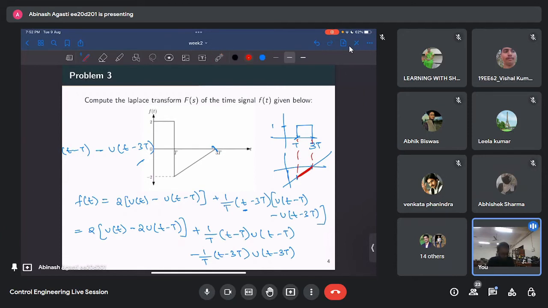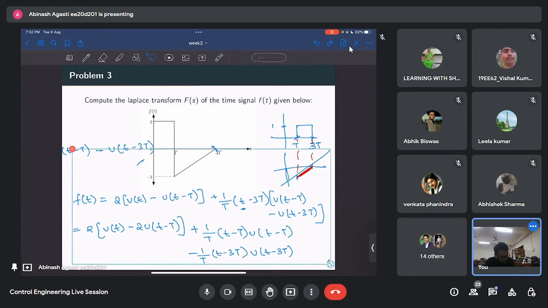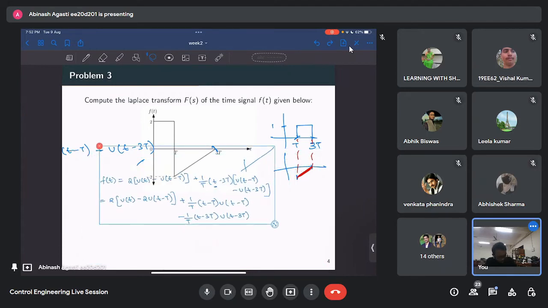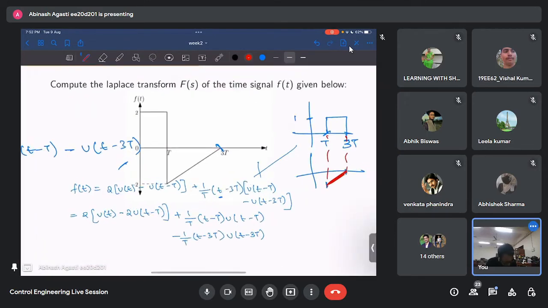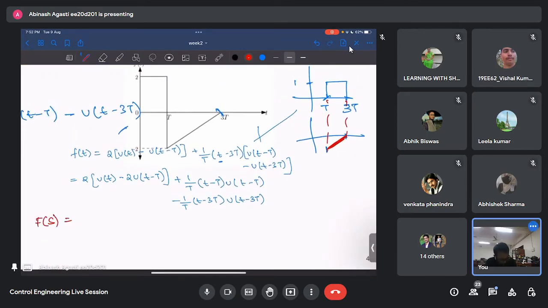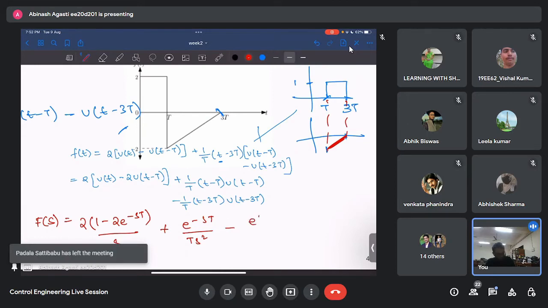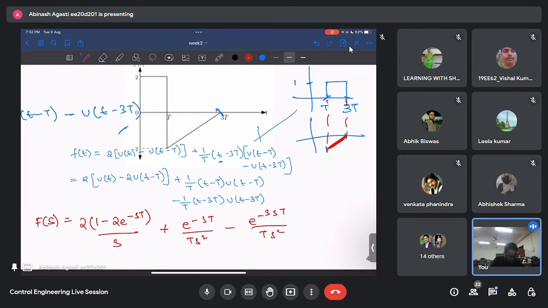So from here I can directly write F of s as 2 into 1 by s minus 2 e to the power minus st by s plus e to the power minus st by t s square minus e to the power minus 3st by t s. So this one, I hope it is clear.